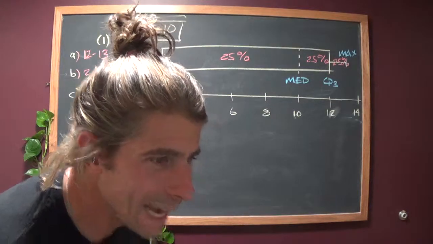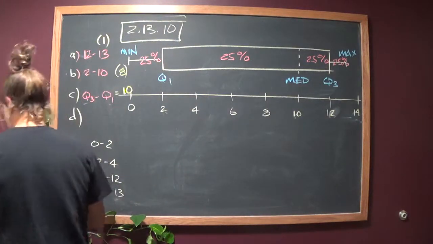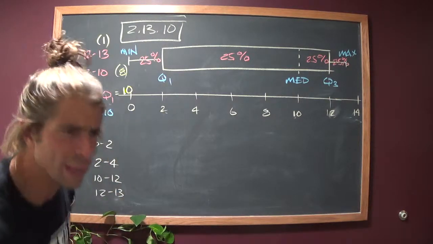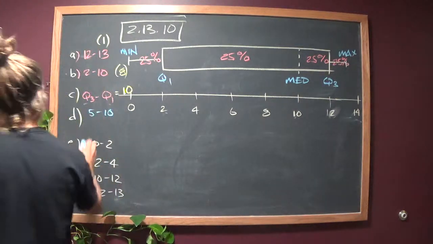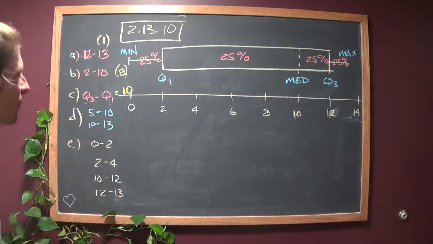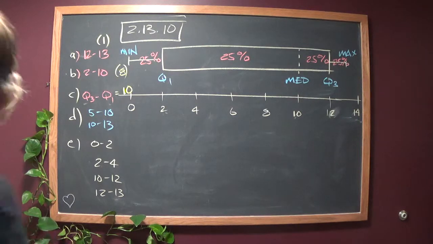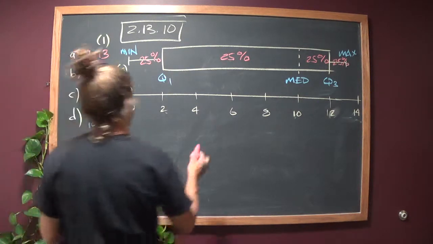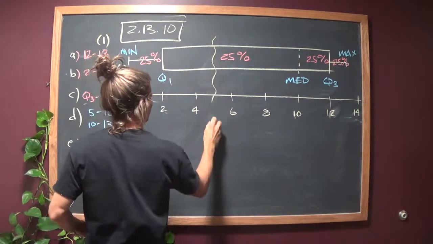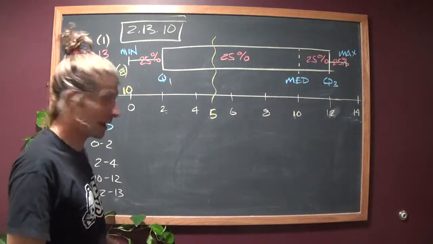Are there more data in the interval 5 to 10 or the interval 10 to 13? How do you know this? Okay, well, let's look at 5 to 10. Here's 5.